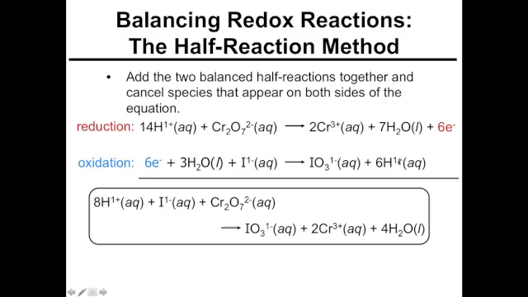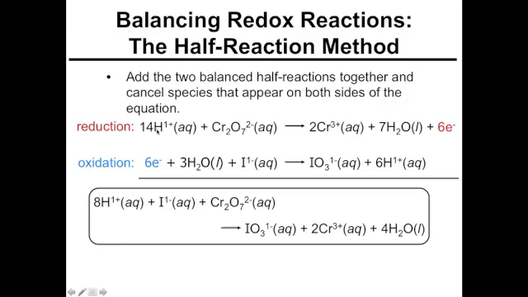These 6 hydrogen ions will cancel with 6 of these, leaving me 8 H pluses remaining. So I can cancel my electrons. I can also cancel my H pluses. I've got water on this side and water over here. I have 3 waters. That'll cancel with 3 of these waters, leaving me 4 waters. But those are the only species that'll cancel.